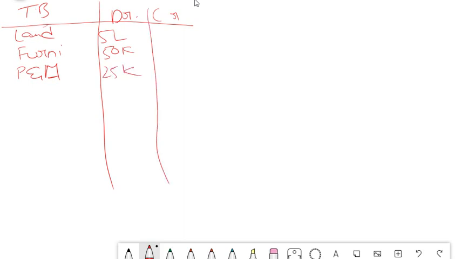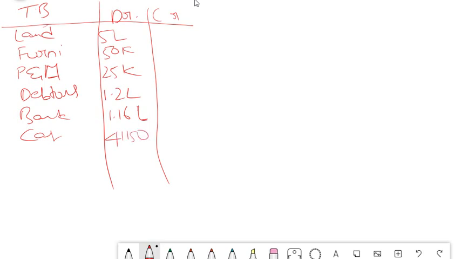All these are assets, so it will come under debit balance. Debtors 1.2 lakhs, bank balance 1.16 lakh, cash balance 41,150, and then you have capital 1 lakh. Capital is a liability.